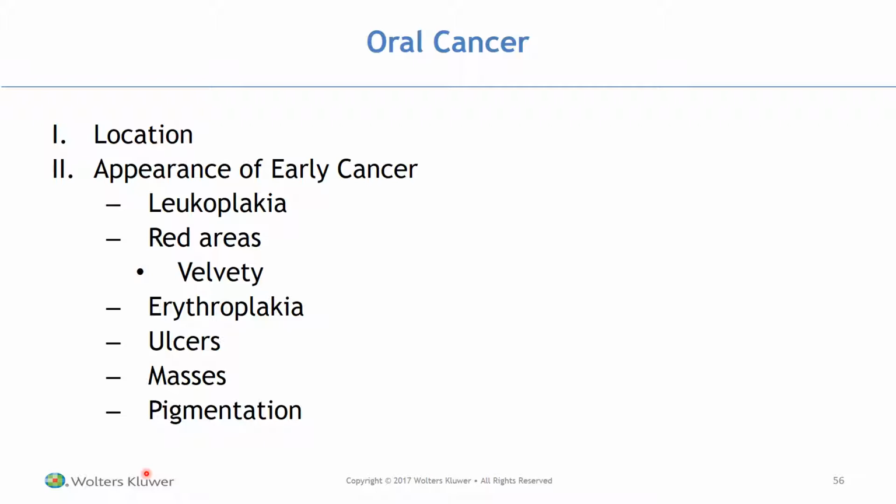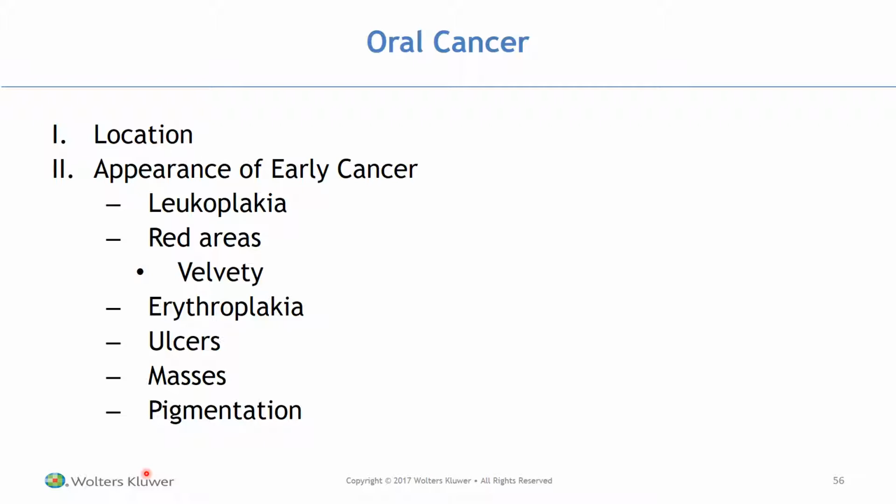All right, then we have our red areas, and our red areas are erythro. Remember, erythro is red, right? Erythroplakia, just like leukoplakia is white, leuko meaning white, like white blood cells. So erythroplakia is a term used to designate lesions of the oral mucosa that appear as bright red patches or plaques.